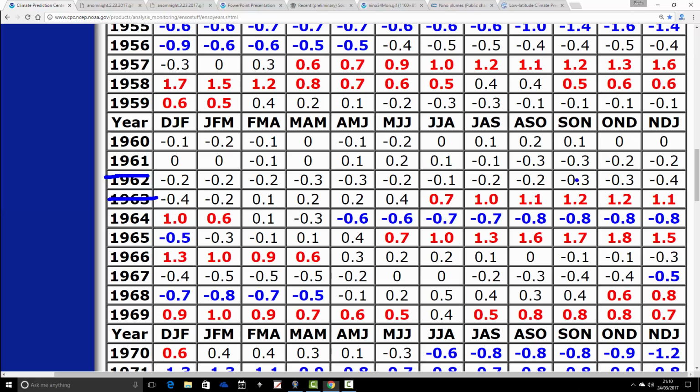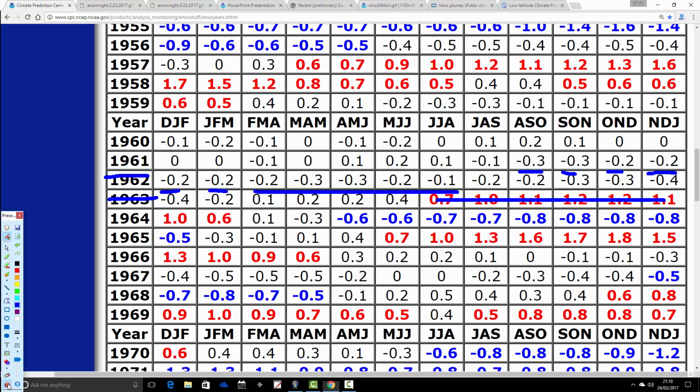So, for example, these tri-monthly periods just here, minus 0.2, minus 0.3, minus 0.3, minus 0.4, just on the cusp of it. And then here, minus 0.4, minus 0.2, and then it goes back closer to ENSO neutral on the positive side. It actually goes into a weak El Nino later on in 1963.